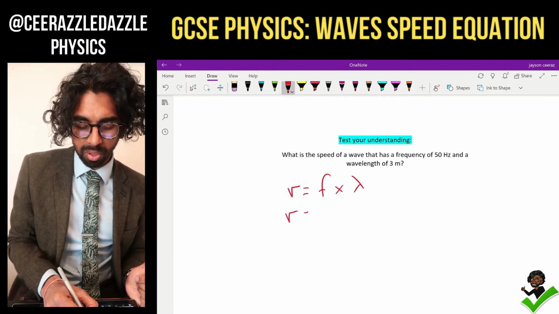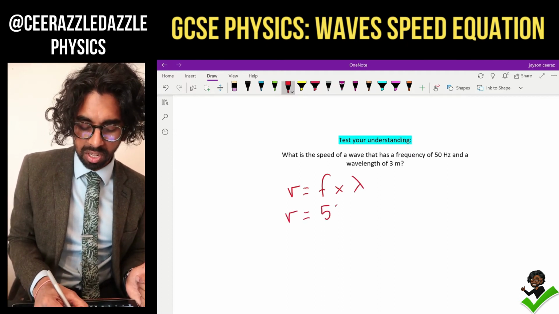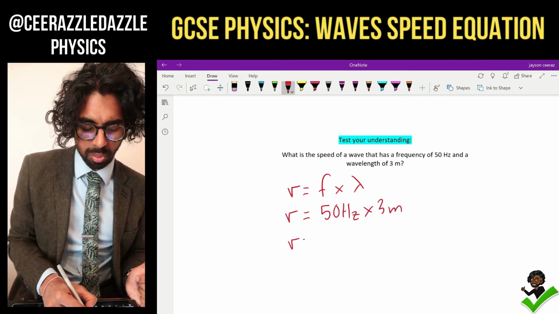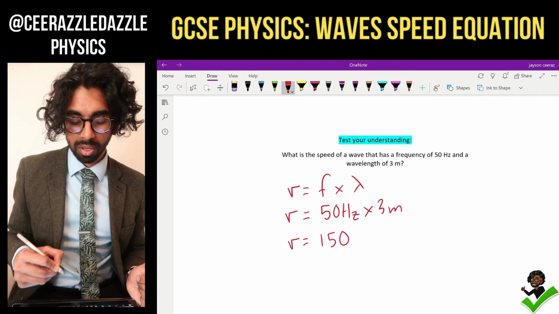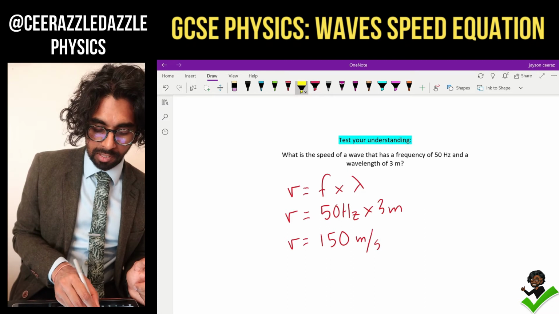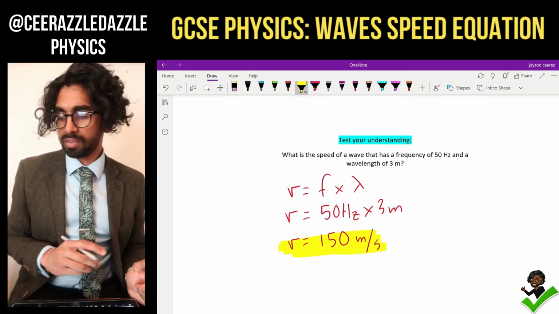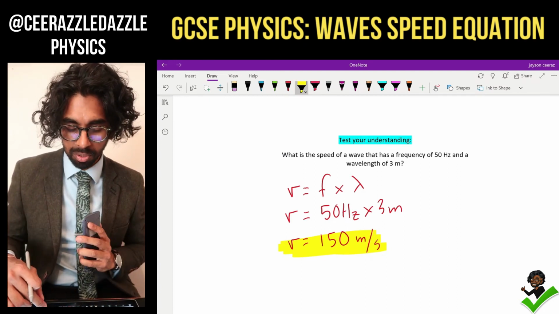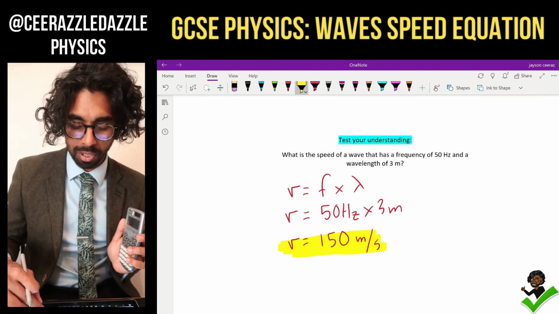So therefore, the speed of the wave is the frequency, 50 Hz, times by the wavelength, 3 meters. Therefore, the speed of this wave is 150. What's the unit? It's speed, meters per second. Very nice. Simple stuff. You can use a calculator as well if you want. There's no crime, no shame of using a calculator. That's totally cool with me.